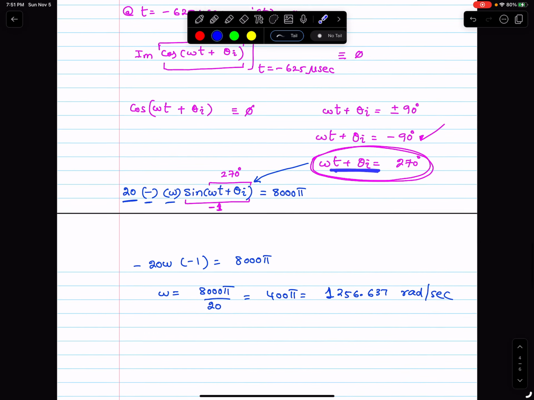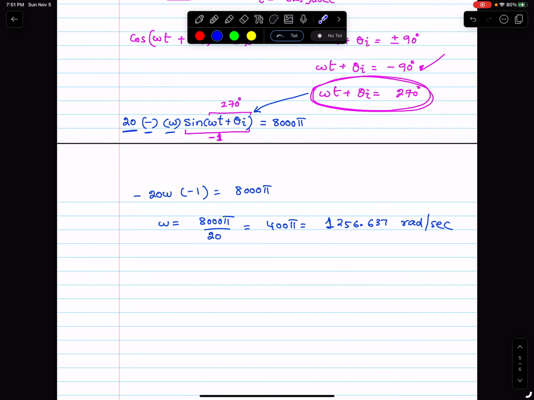So far we have an expression for d by dt of I, and from that we got a value for omega. Then the next problem is easier to find.